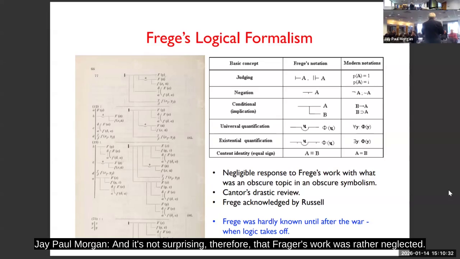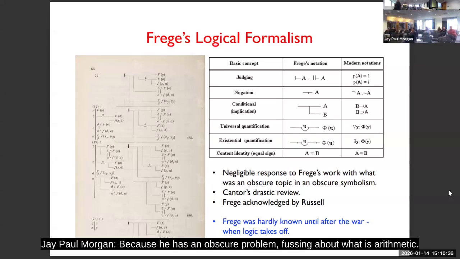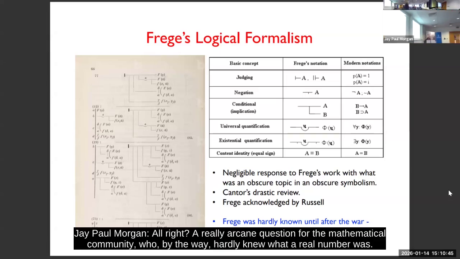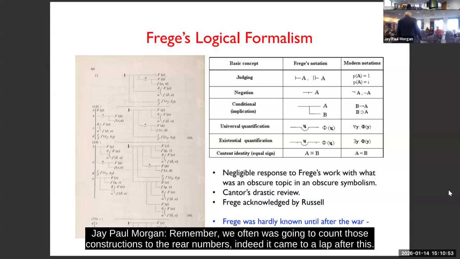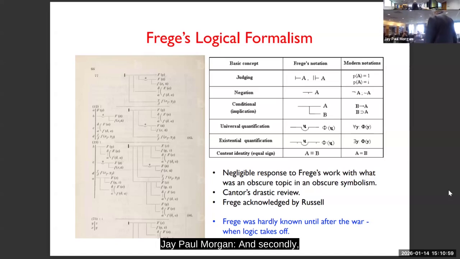and be incomprehensible. And it's not surprising, therefore, that Frege's work was rather neglected because he has an obscure problem, fussing about what is arithmetic. A really arcane question for the mathematical community, who, by the way, hardly knew what a real number was. Remember, we often refer to Cantor's construction for the real numbers, and Dedekind.